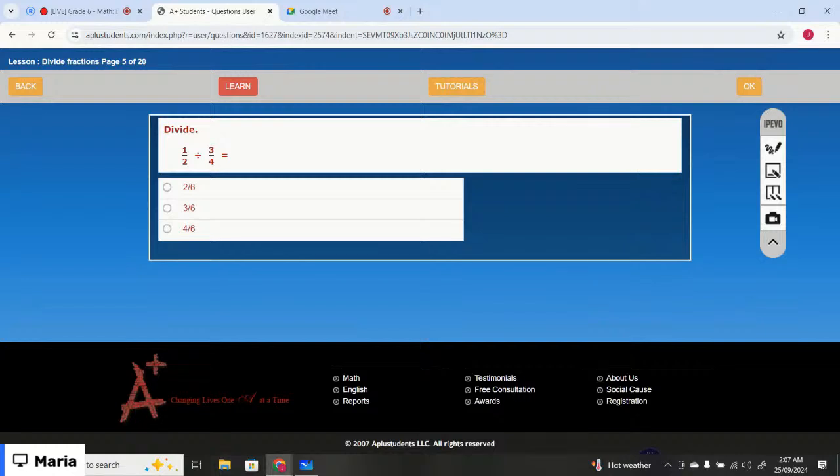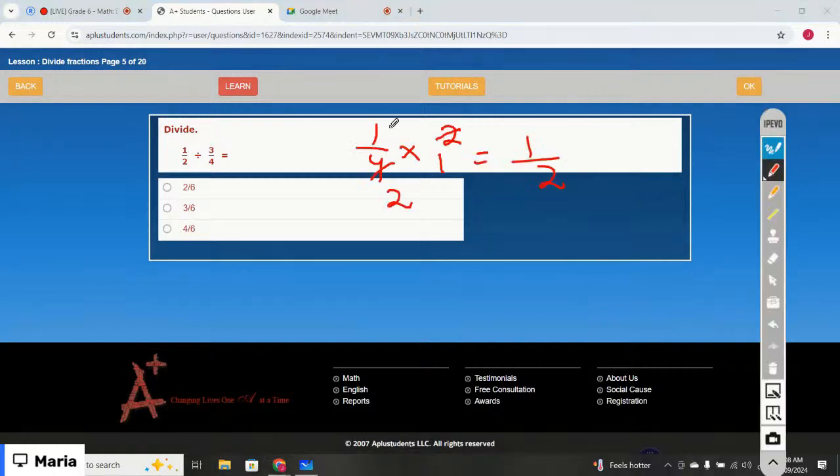You have to do 1 over 2 divided by 3 by 4. Which is the correct option? You have to replace the division sign with multiplication and then take the reciprocal of the term after.